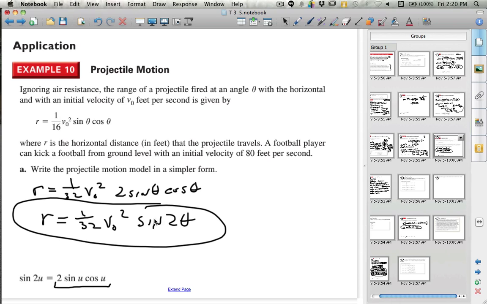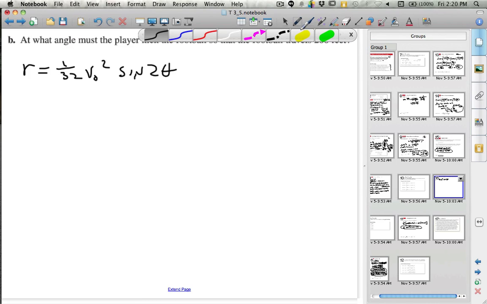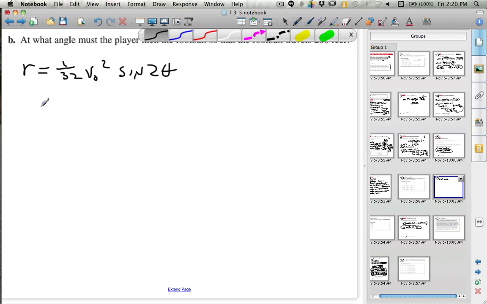Now, the next part of the problem, they want me to figure out what angle should the player kick the football so it'll go 200 feet. And we also need to know a little bit more about this, he's kicking with an initial velocity of 80 feet per second. Okay, so actually I should have gone ahead and put that in here. I'll simplify it over here.